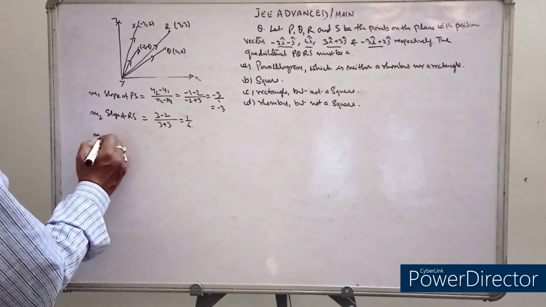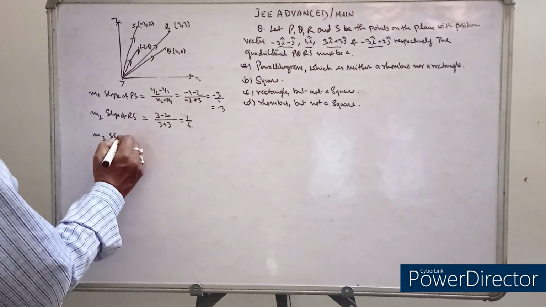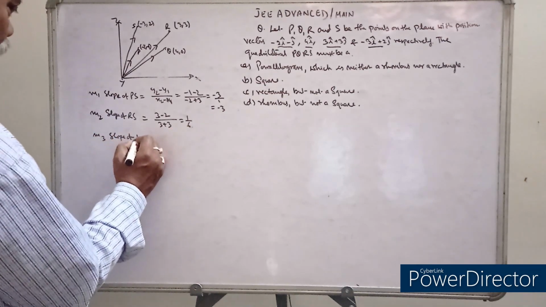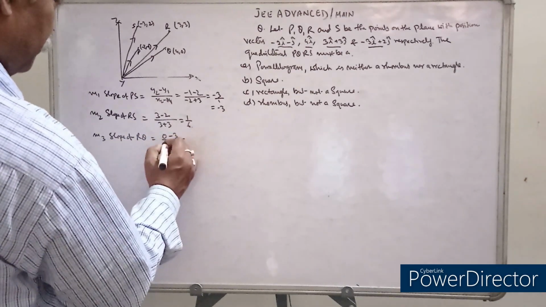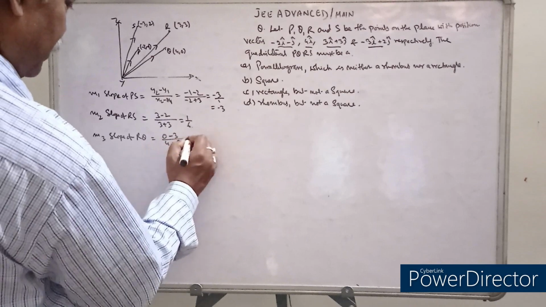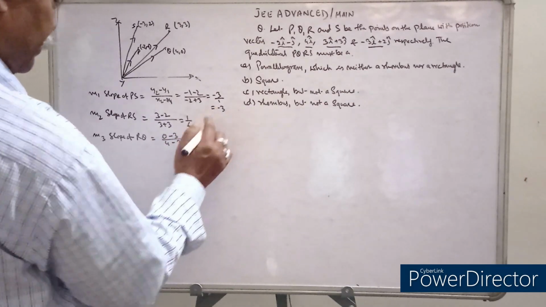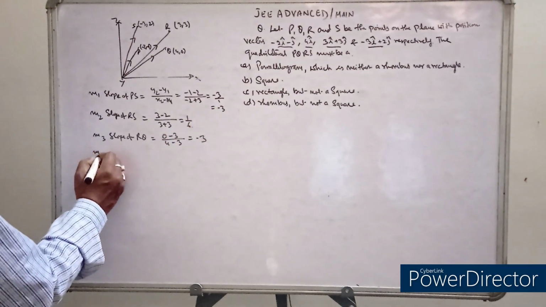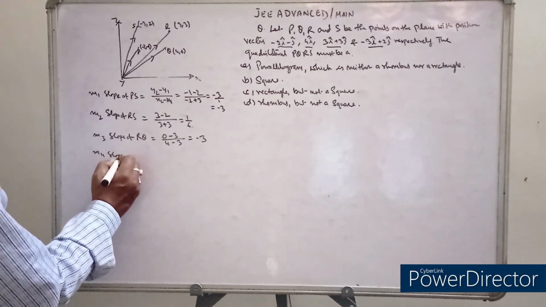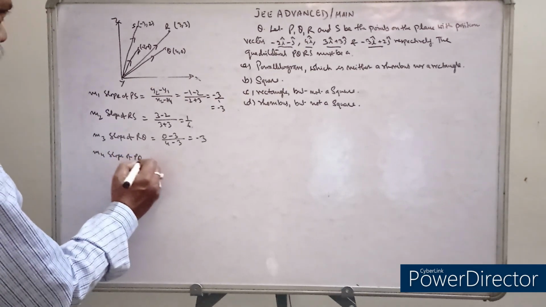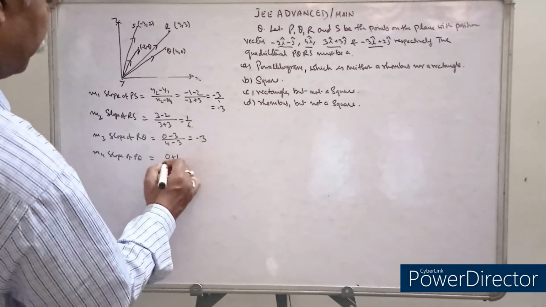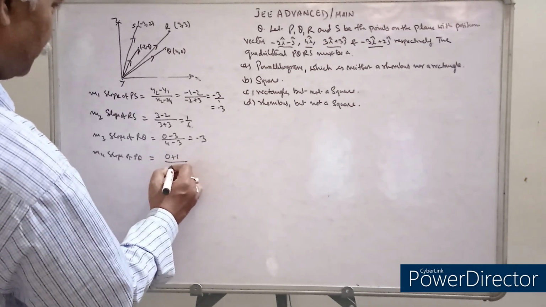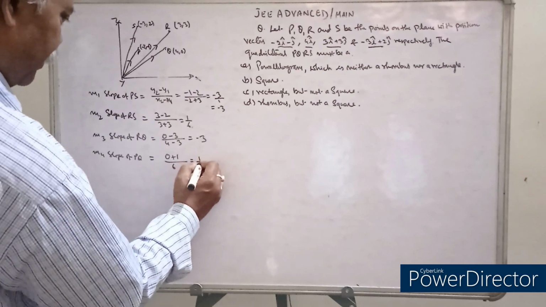Again m3, that is the slope of RQ, that is 0 minus 3 by 4 minus 3, that is equal to minus 3. Now m4, that is the slope of PQ, that will be 0 minus minus 1 by 4 minus minus 2, 1 by 6.